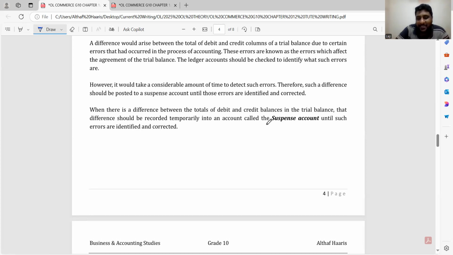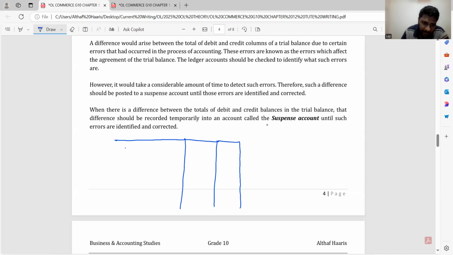So let me take an example for you to understand that. Listen carefully. We'll assume this is a trial balance. Debit, credit. We have some cash, we'll assume 100,000.